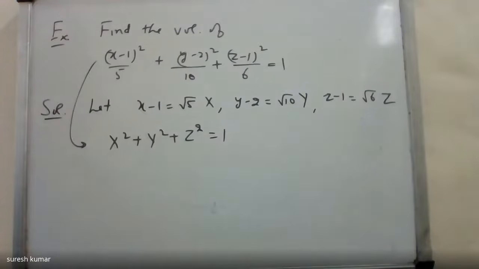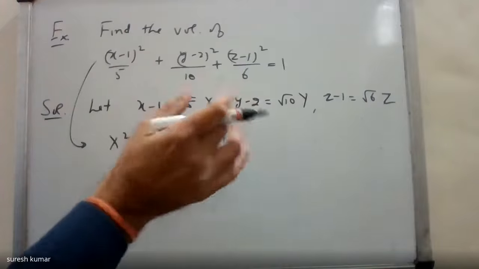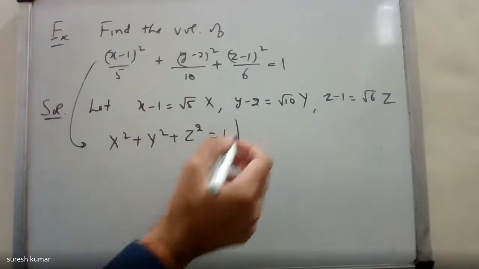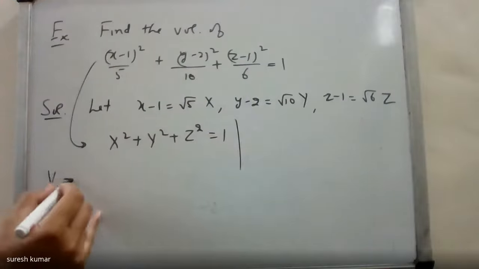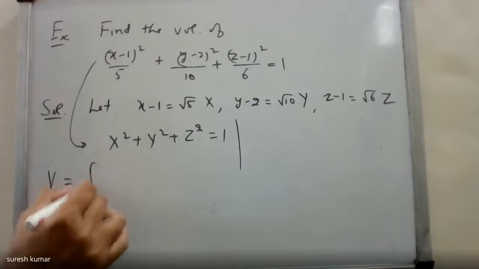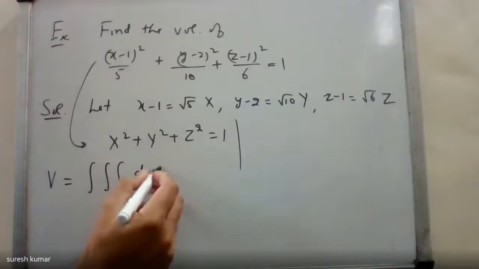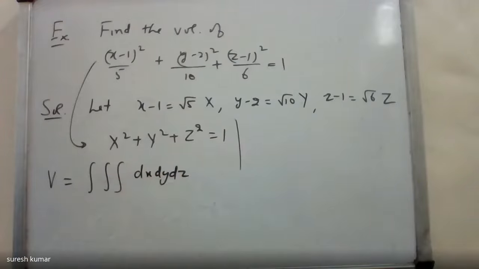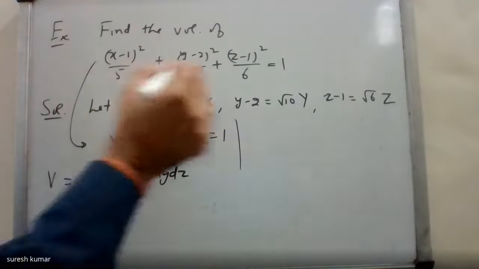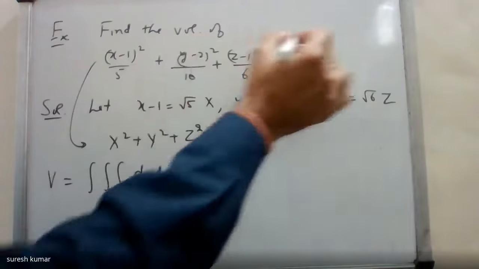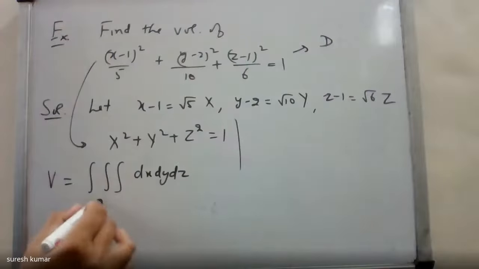Right? So these transformations are helpful, but once you use transformations, what is the volume formula? In general, triple integral dx dy dz, say the region enclosed by this is D. So over D you need to solve this triple integral.